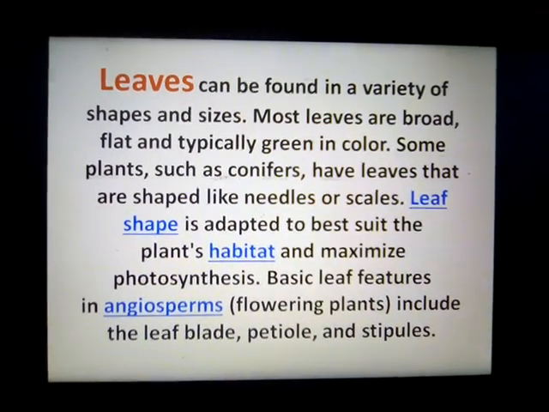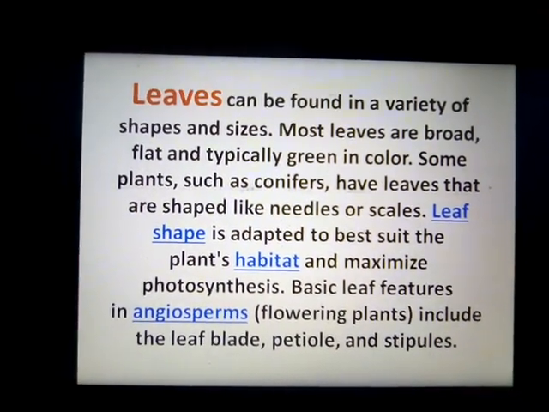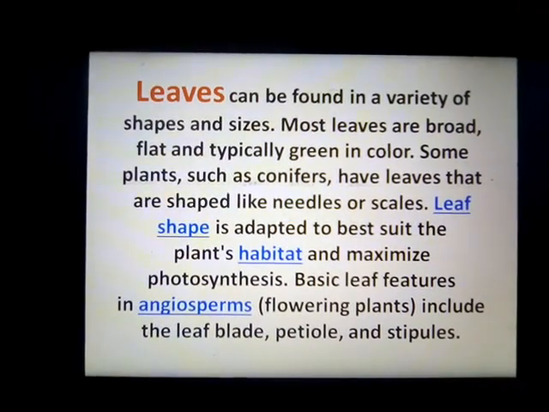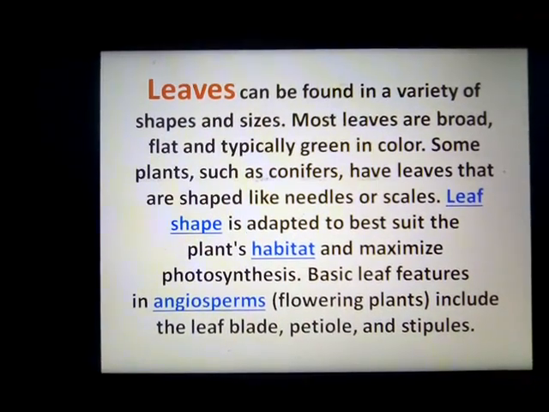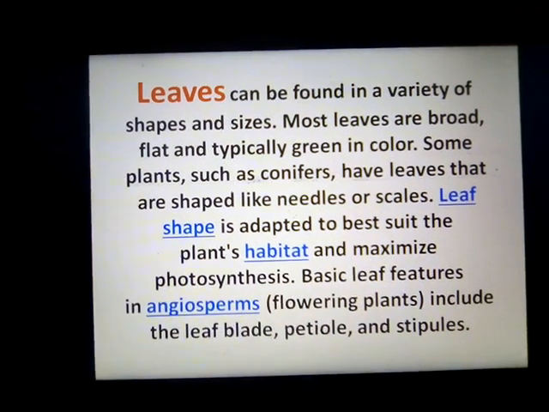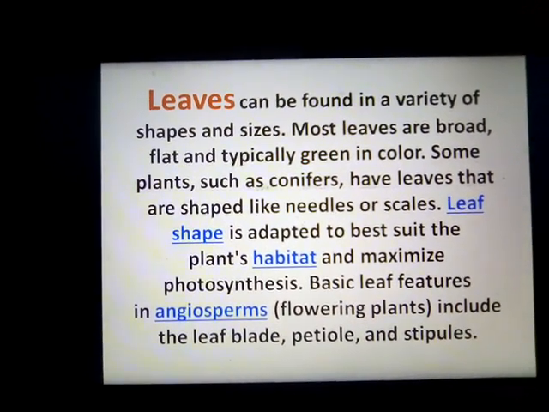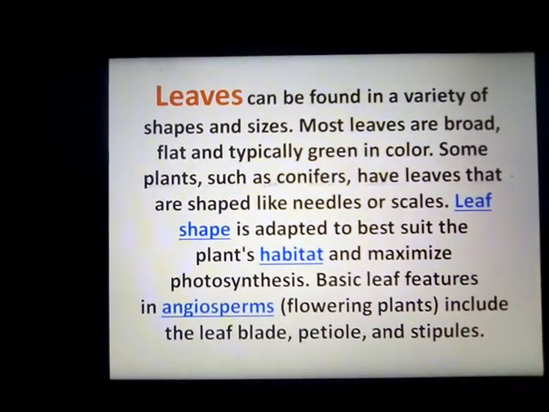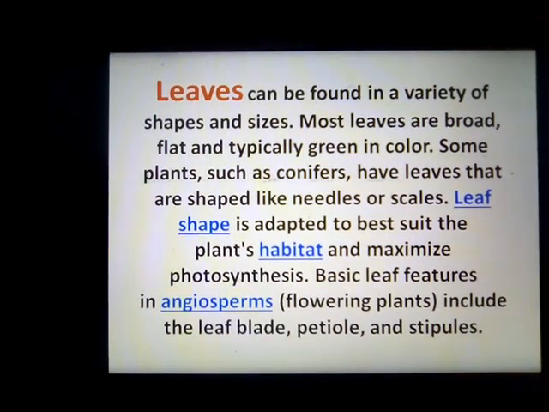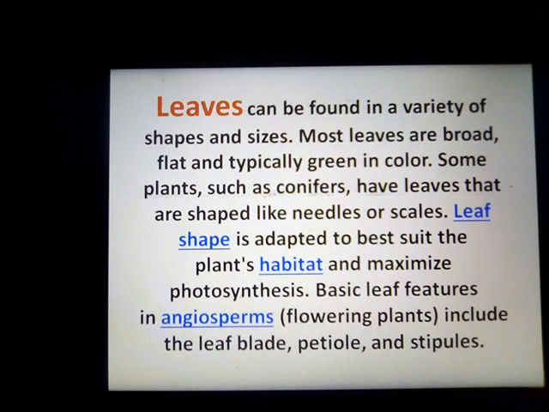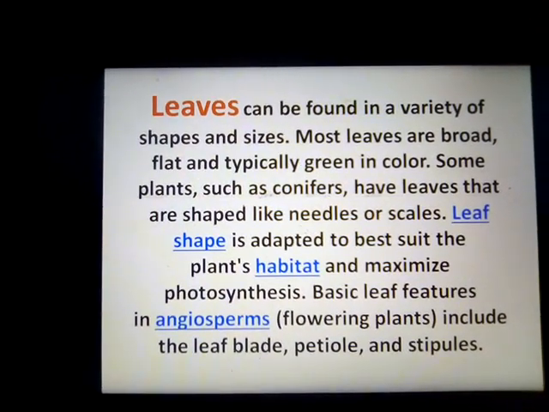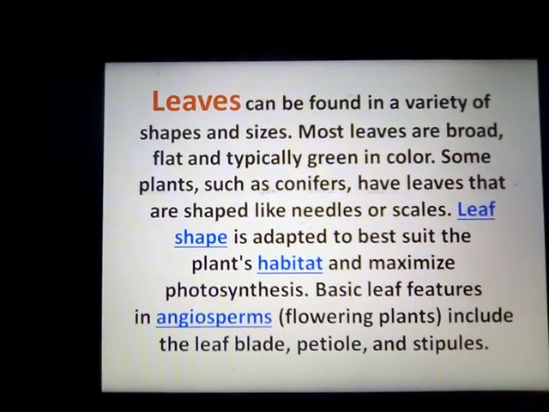Okay, copy the following into your notebooks. Subheading: Leaves. Leaves can be found in a variety of shapes and sizes. Most leaves are broad, flat, and typically green in color.